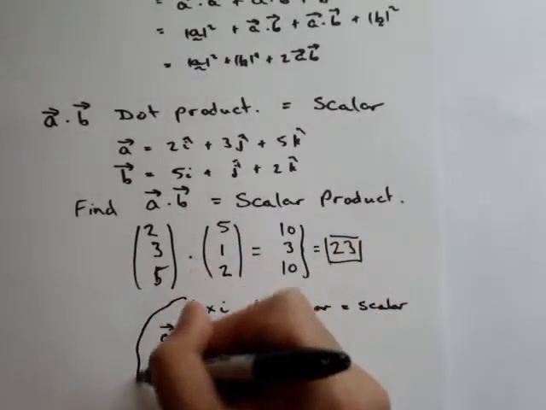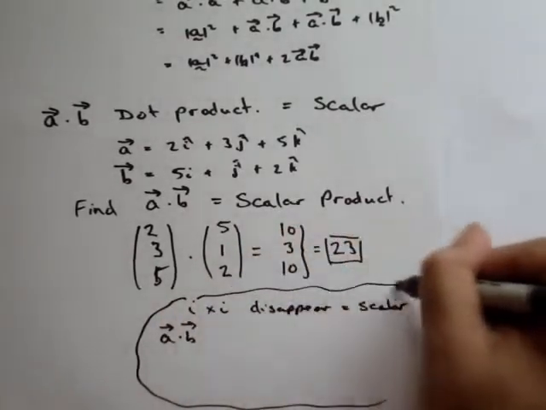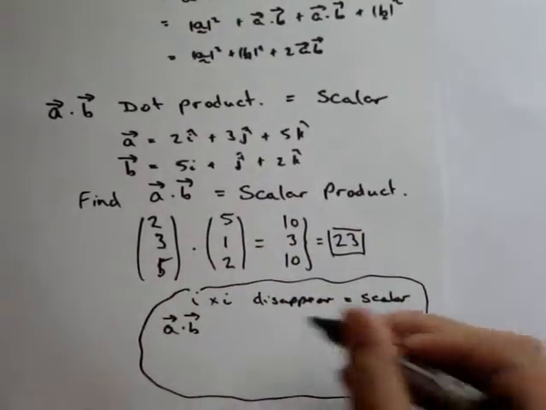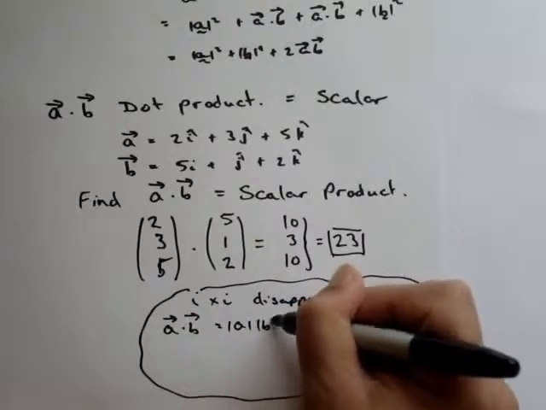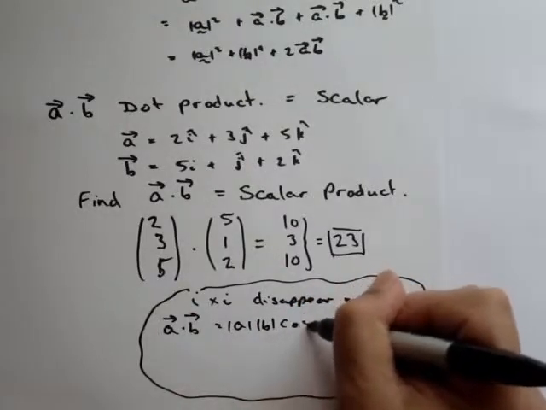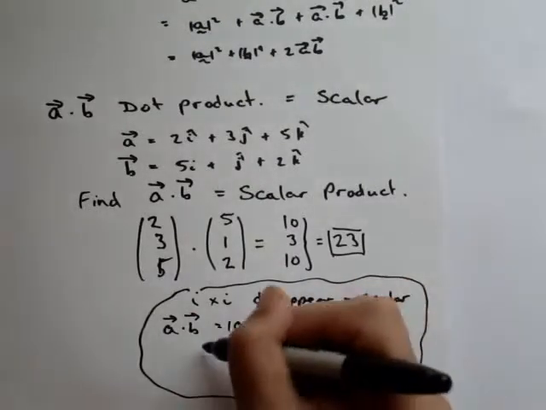so this is as a little aside, we're doing A, B, cos theta.